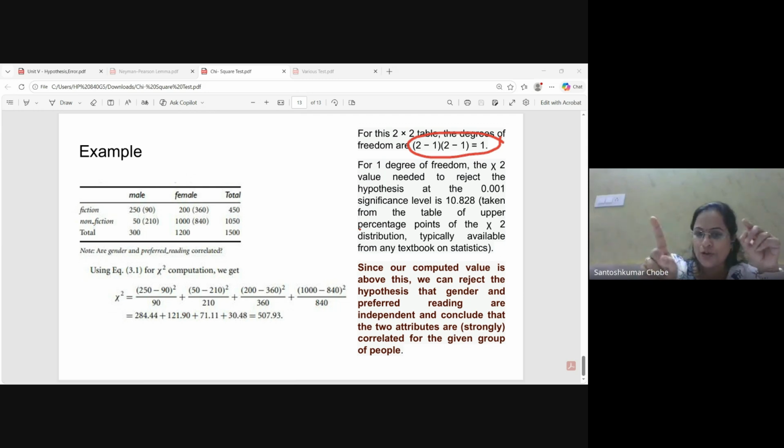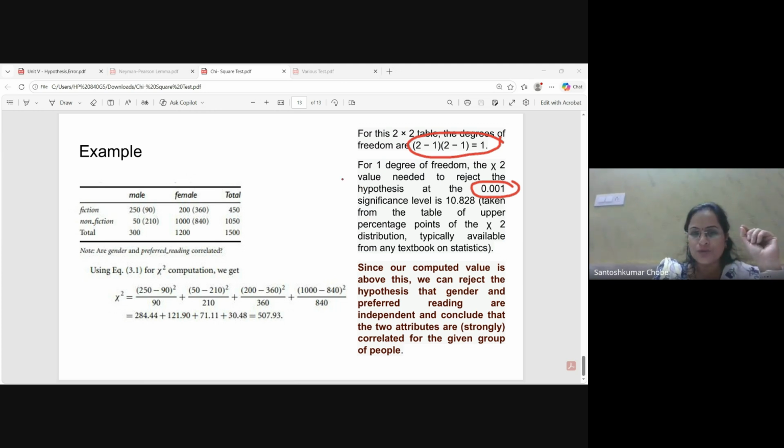So at 1 degree of freedom, over here, I am taking the significance level as 0.001, correct? So I have a confidence that only 0.001% of the time my experiment is going to have a failure. Otherwise, all remaining times I am going to be very successful. Correct. That's what my significance level says.